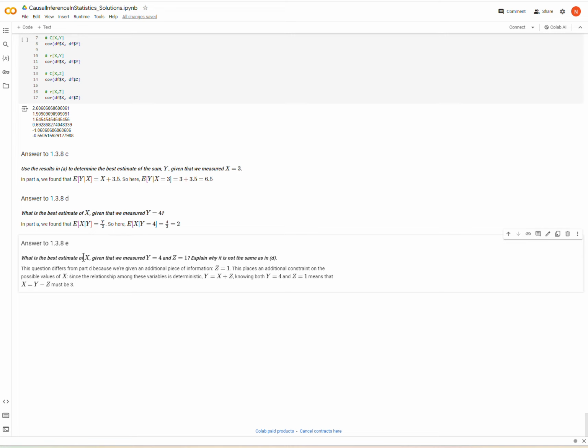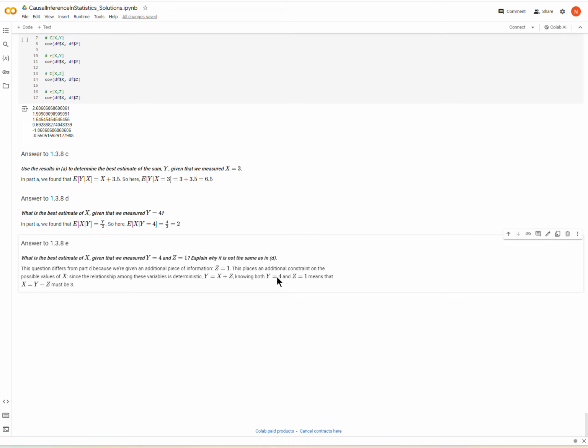And finally, part E. What is the best estimate of x given that we measured y to be 4 and z to be 1? Explain why this is not the same as part D. Well, the reason it's not the same as part D is because we're given this additional piece of information, which is that z equals 1. Now the relationship between x, y, and z is completely deterministic, right? y is x plus z.